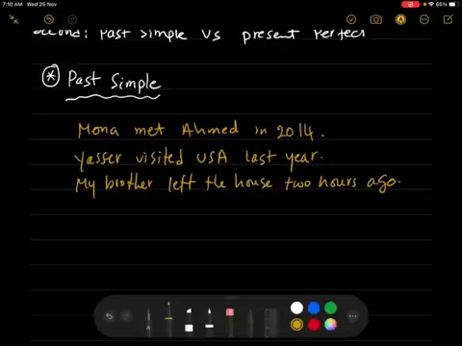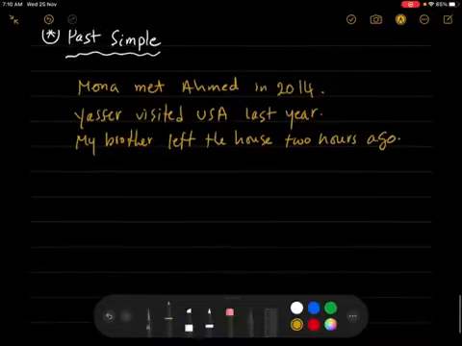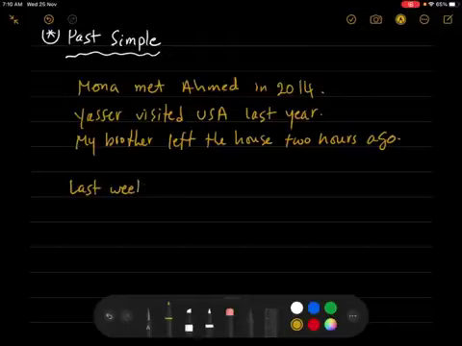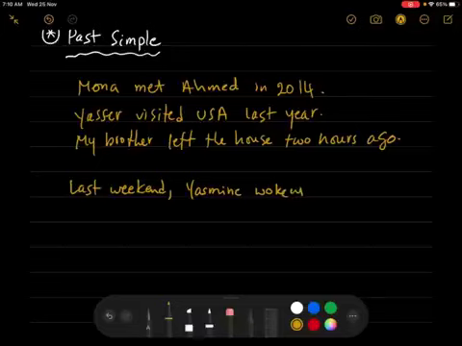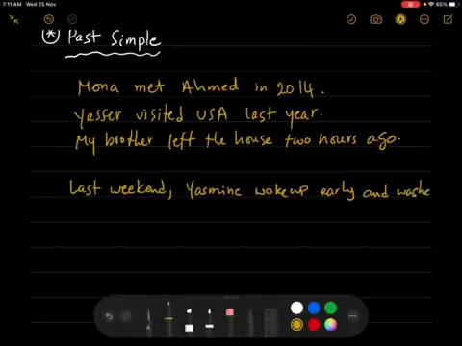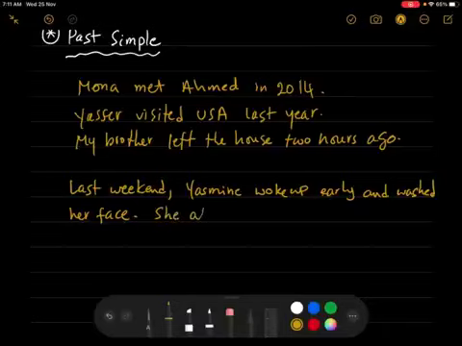Again, the past simple can also be used to express many actions which followed each other in the past. So we can say, last weekend Yasmin woke up early and washed her face.